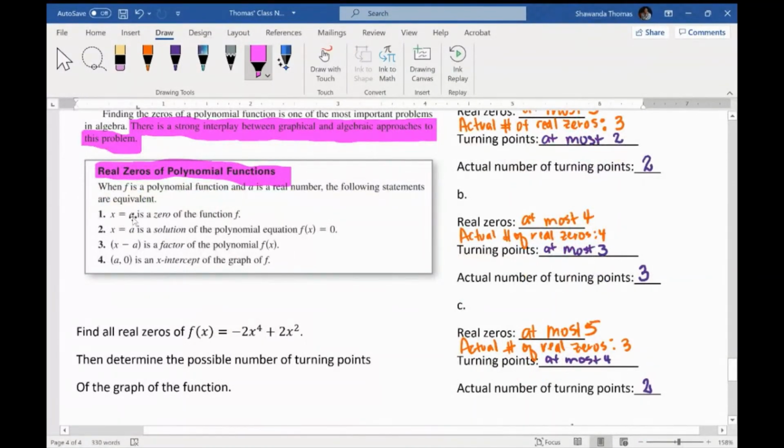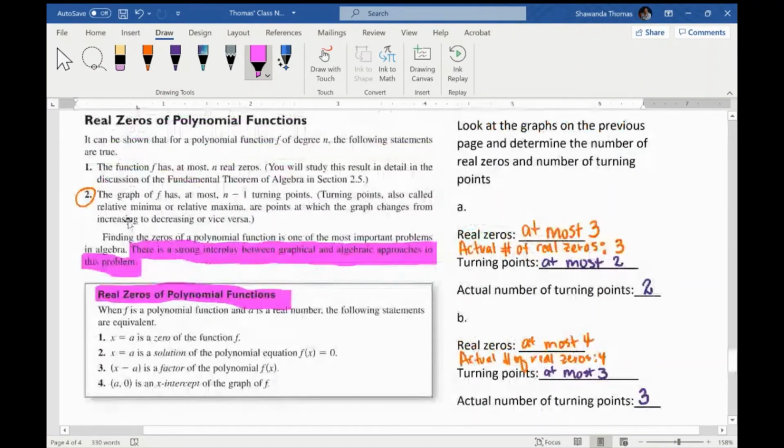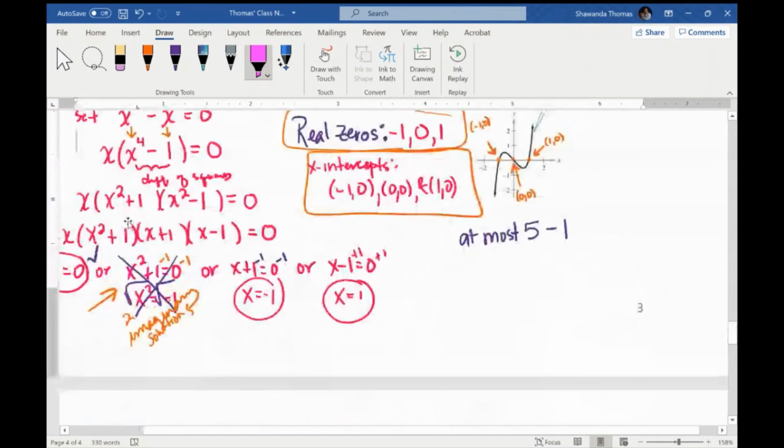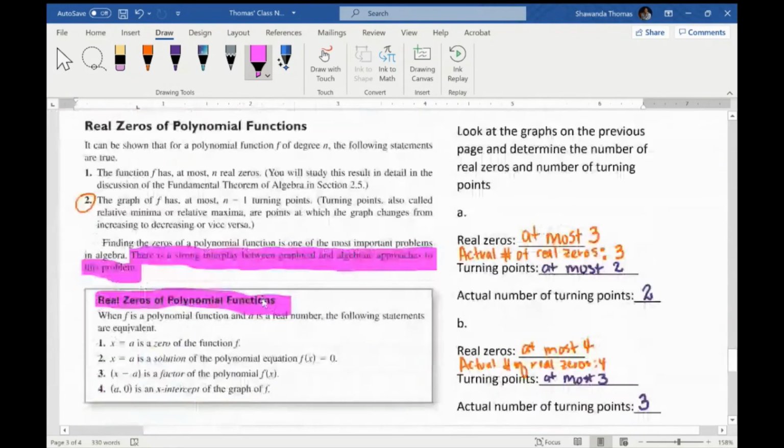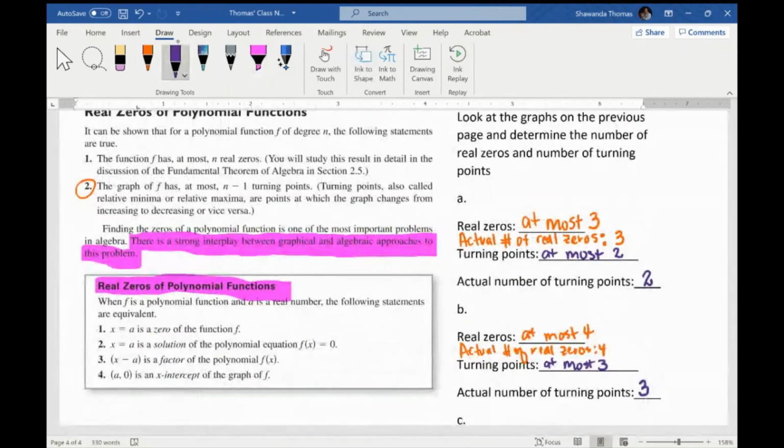Number 1: x equals a is a zero of the function. We can look back at one of these, like x equals -1, for example. Let's say x equals -1 is a zero.